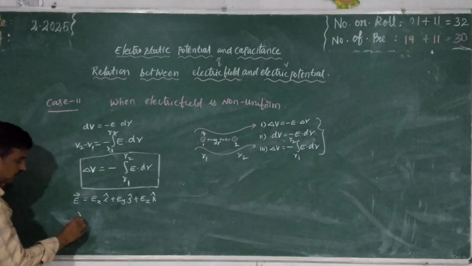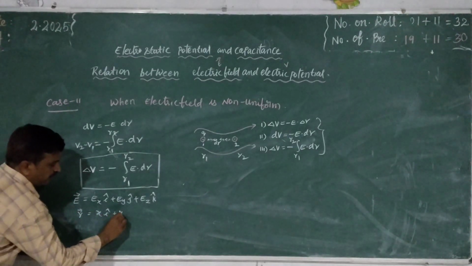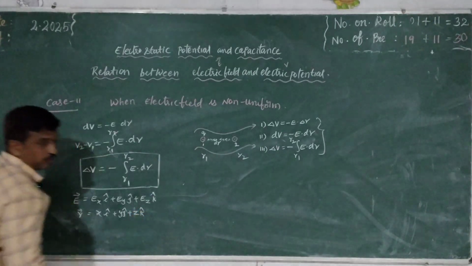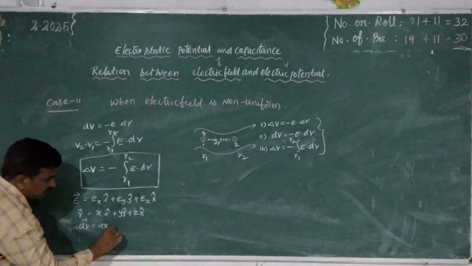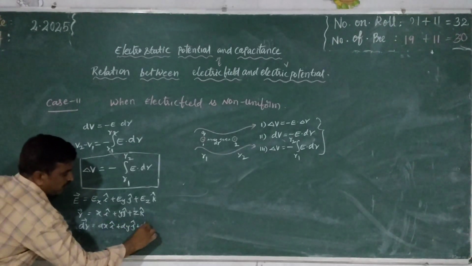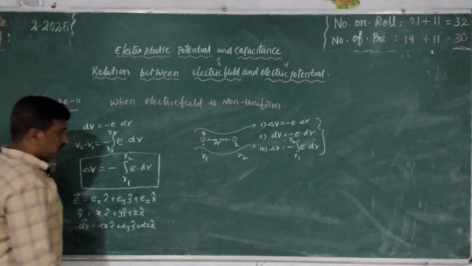So position vector now, R equal to x i cap plus y j cap plus z k cap. It is the position vector. Here differentiate now, dr equal to dx i cap plus dy j cap plus dz k cap.